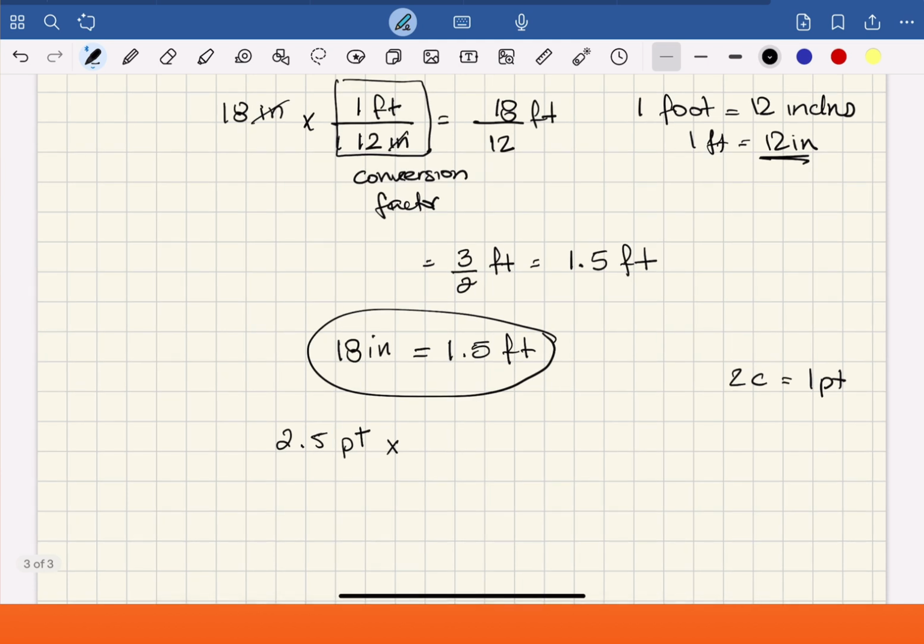So you multiply by your conversion factor: 1 pint in the denominator and 2 cups in the numerator. The pints cancel out, and I have 2.5 times 2, which is equal to 5. So 2.5 pints is equivalent to 5 cups. This concludes the U.S. customary units of measure.